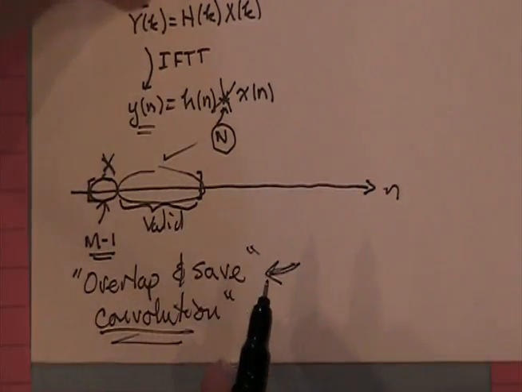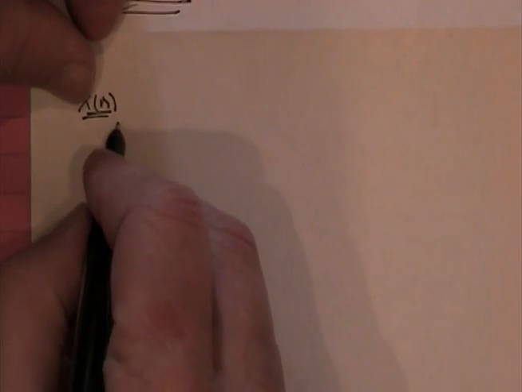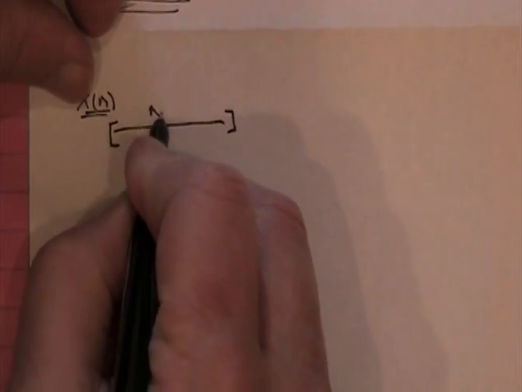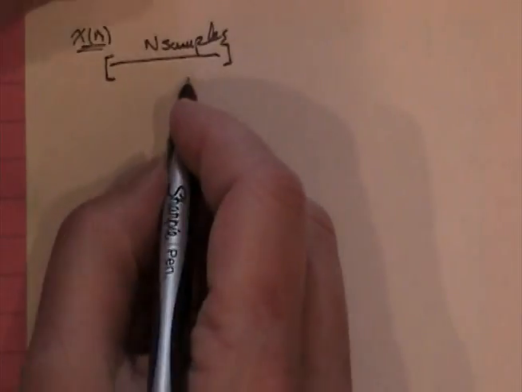And so let me summarize kind of how it works. I'm going to assume that in my incoming sample stream, if I look at x of n, right? If I think about one of these blocks, I have n samples here, and I think about moving from one block of samples to the next.